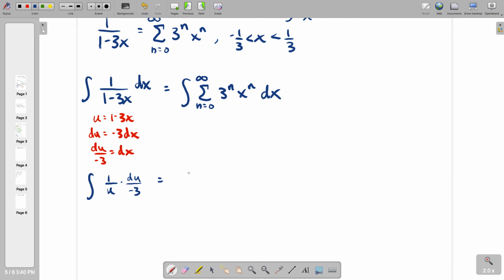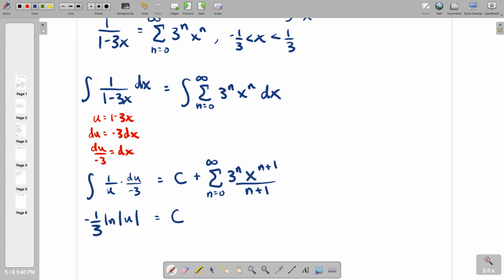Well, over here, we know that all we have to do is remember that there's a constant that comes about when you integrate, but then from there, it's just n equals 0 to infinity of 1 added in the power and then dividing by that n plus 1. So there's our formula already there. And then here, we get negative 1/3 natural log of u is going to be equal to this.